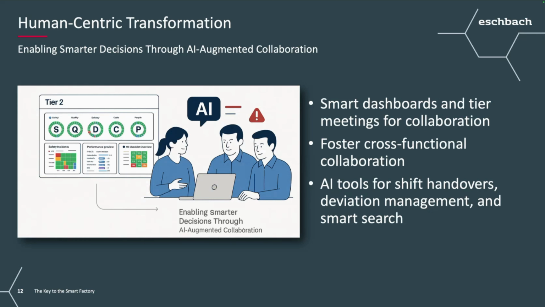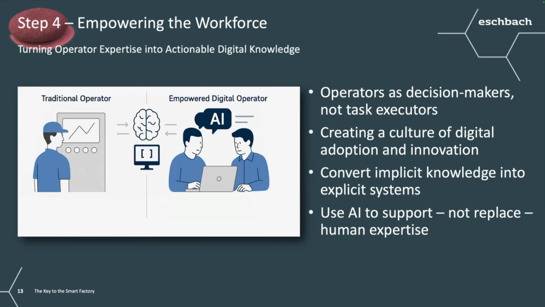So that's the next step in our way to the adaptive plant: empower the workforce. On one hand, give them the tools that they need in order to make the decision, provide them with the right information at the right time, and make operators decision makers.